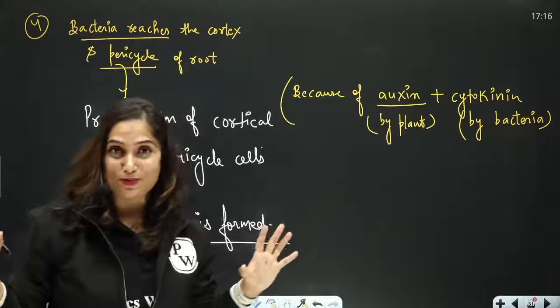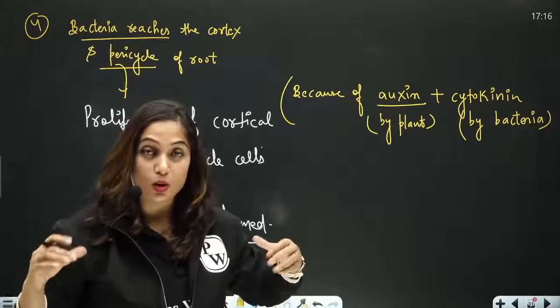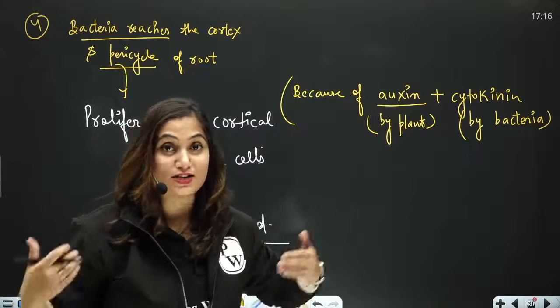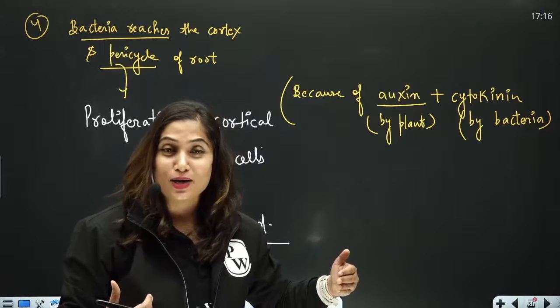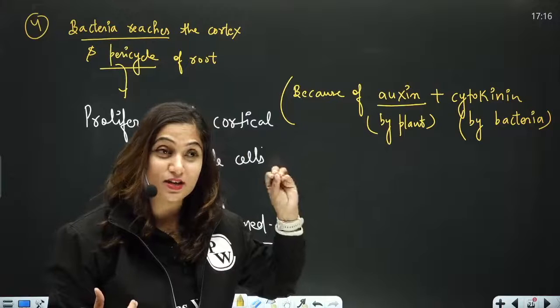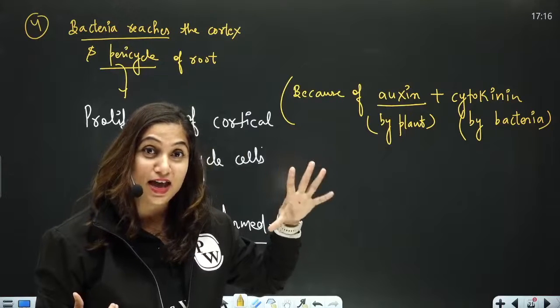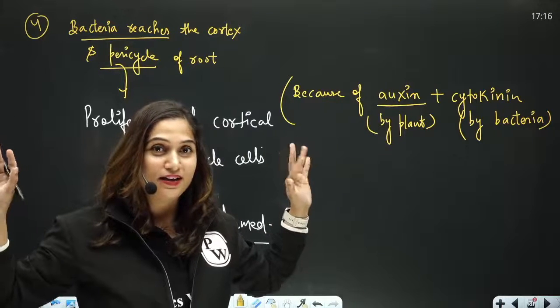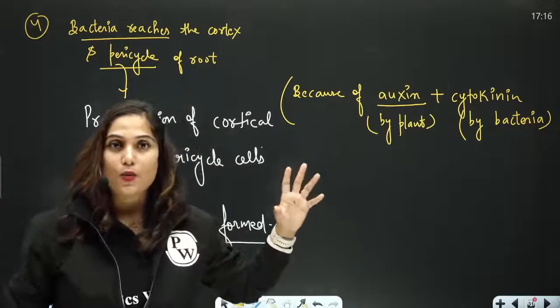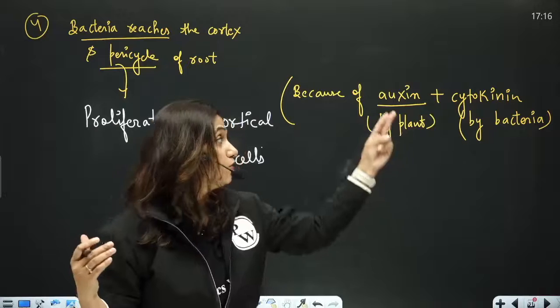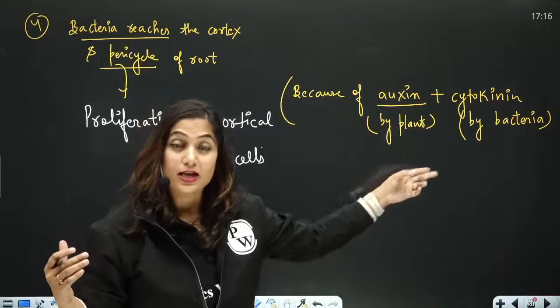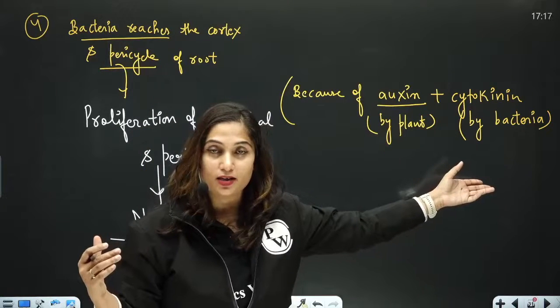So understand what I'm trying to say here. The bacteria, with the help of the infection thread, has reached the cortex and pericycle. And the bacteria is giving the plant the signal: I have come here, I have arrived. So when the plant receives the signal, the plant forms a large amount of auxin and the bacteria forms cytokinin.